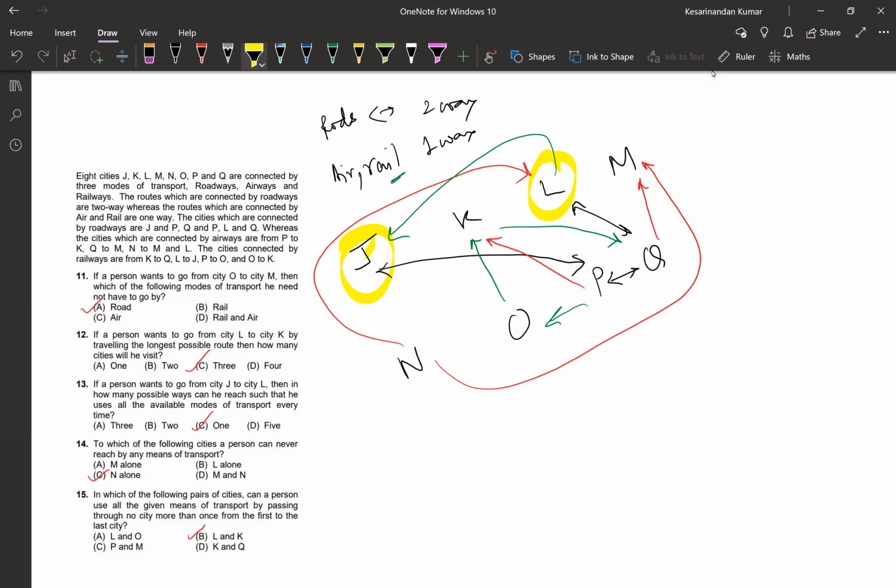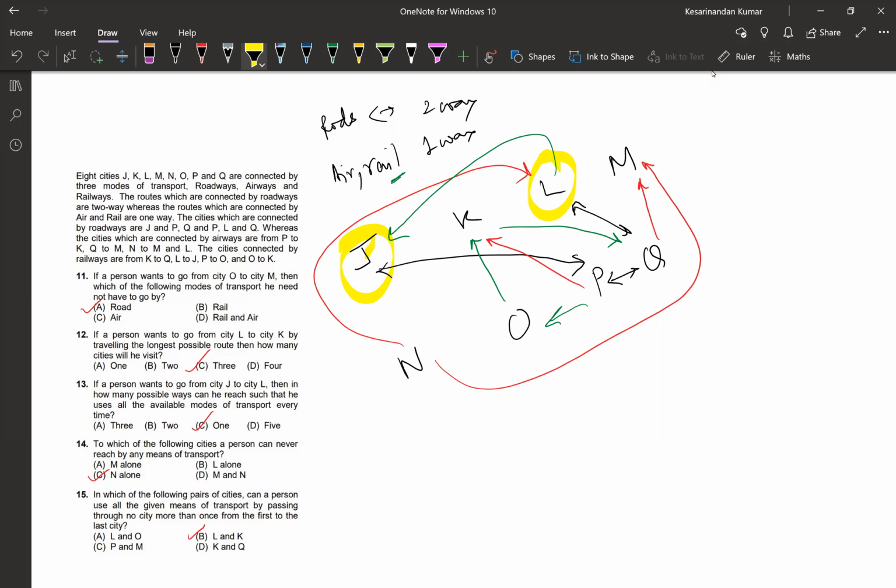Next, in which of the following pairs of cities can a person use all the means of transport by passing through no city more than once from the first to the last city? Let's check the first option, L to O. We can go L to Q, Q to P, P to O, but we are using roadways twice.